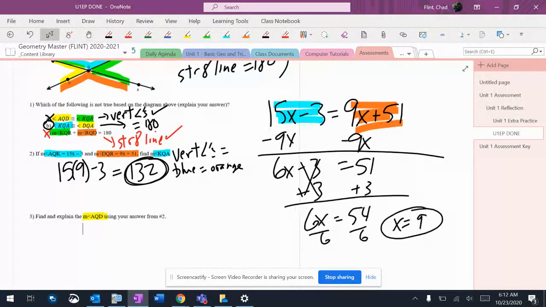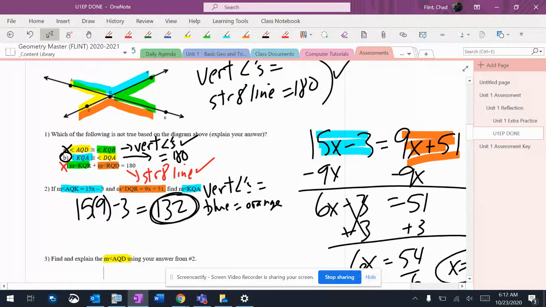All right, now, I don't have anything for the yellow one. I already found the blue one, right? I already found this one. Okay, I can find the orange one. I know the orange one's going to be 132. Sometimes I put them in the diagram, it'll help make sense out of it. So this one here, and either the blue one or the orange one make a straight line.